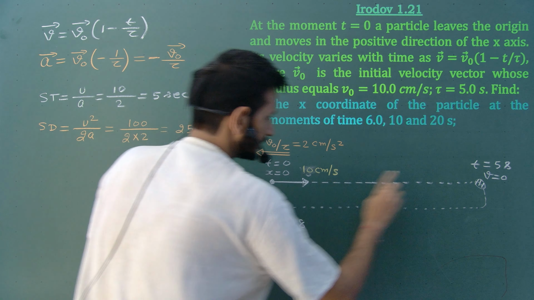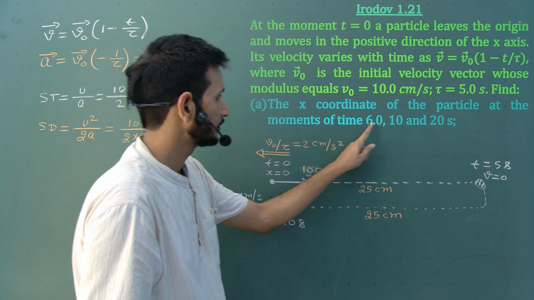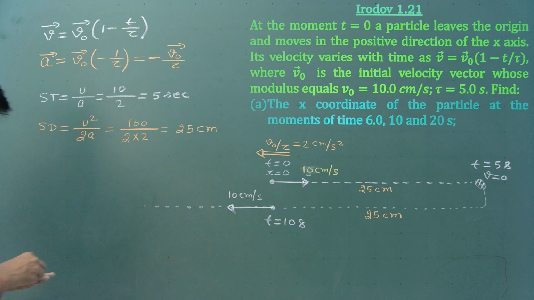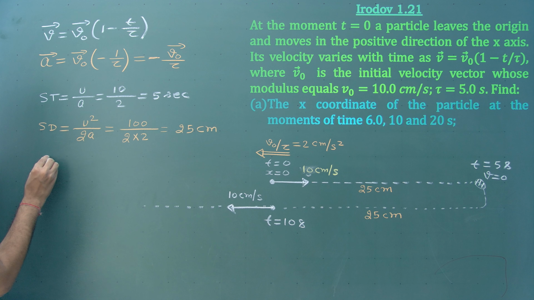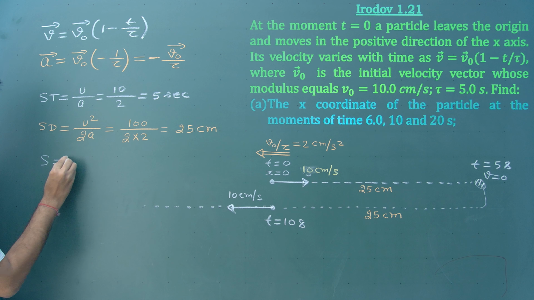So what is the question? We have to calculate x when time is 6 seconds. How to calculate x? There is a well-known formula, s equal to ut plus half a t square. What is u? 10. What is the time? 6. Minus, because acceleration is negative, half acceleration is 2 into t square, 6 square is 36.